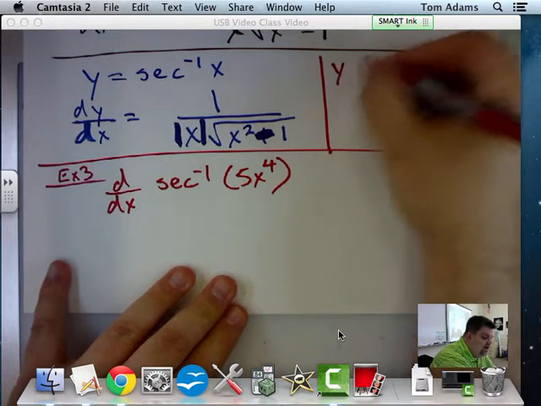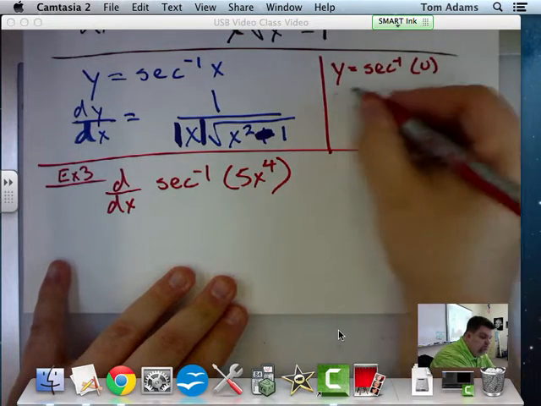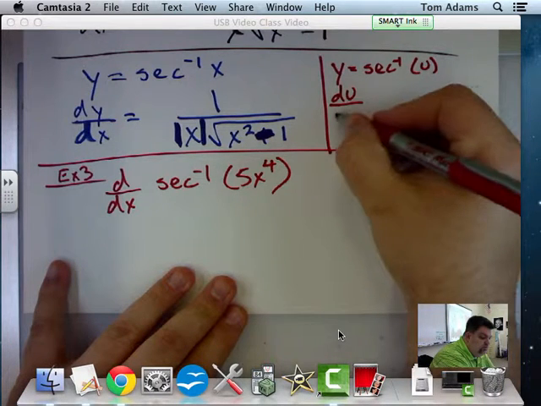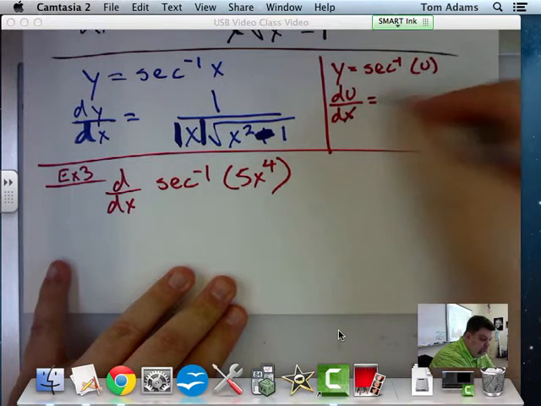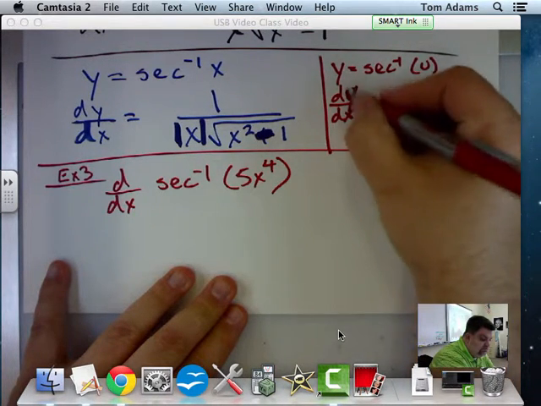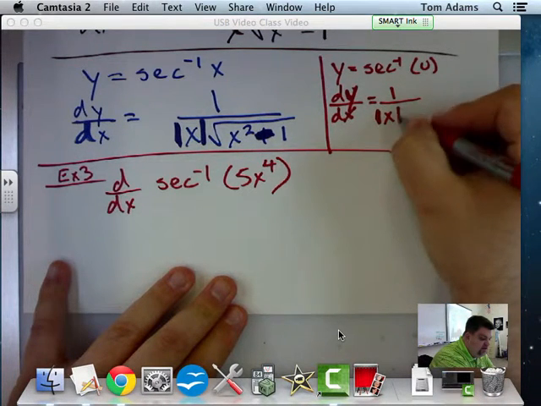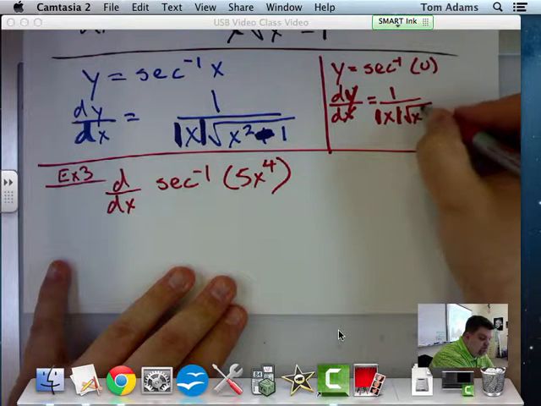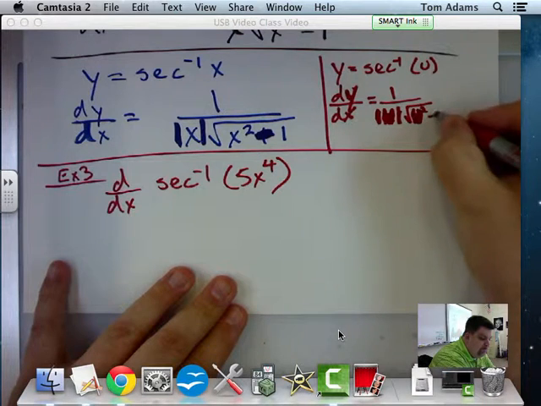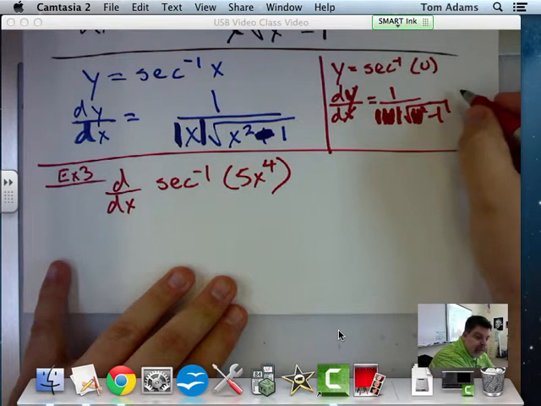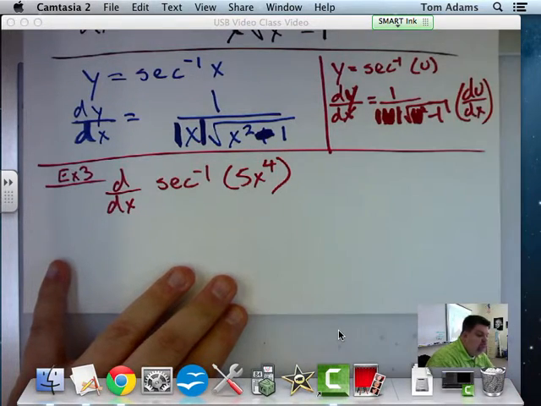So if I say y equals arc secant of u, then dy/dx is equal to 1 over the absolute value of x times the square root of x, or actually u, because we're going to plug a u in there, squared minus 1. And then because we have to do some u substitution, we tack on du/dx.